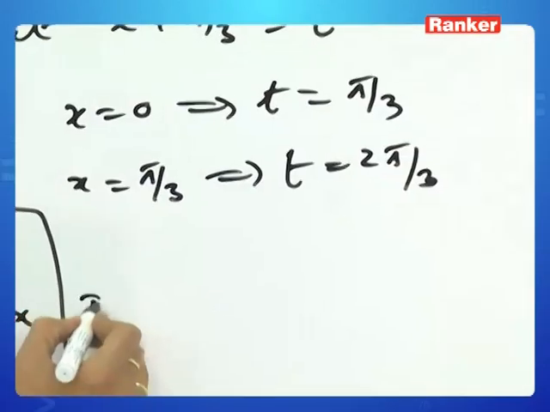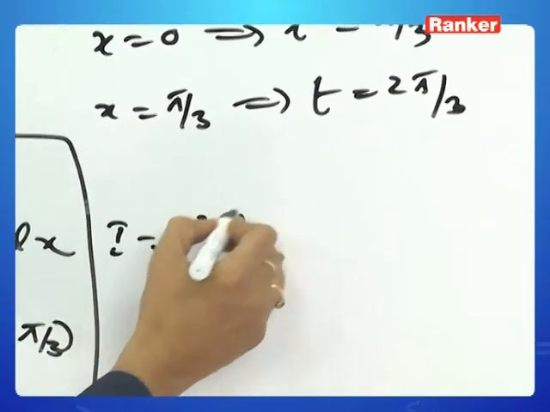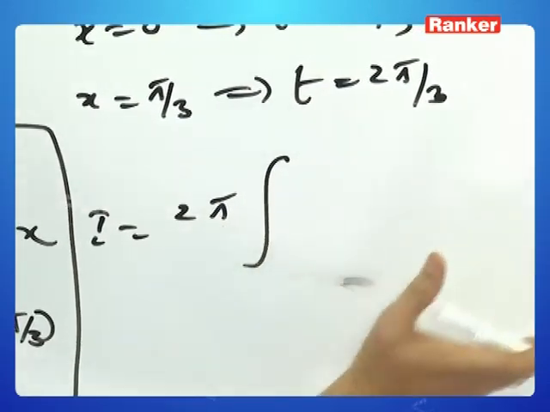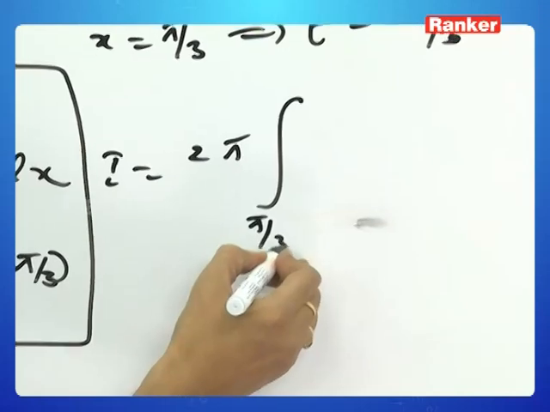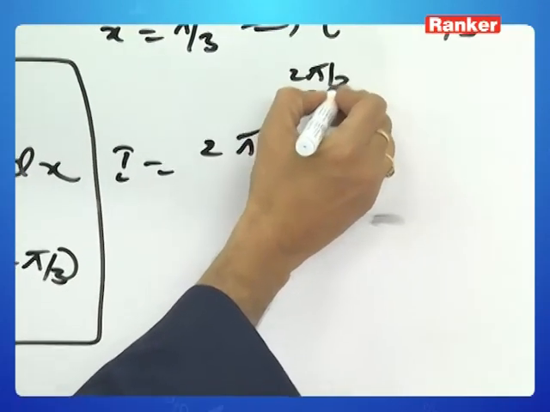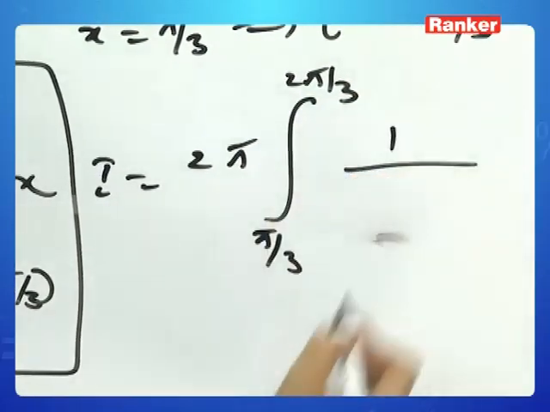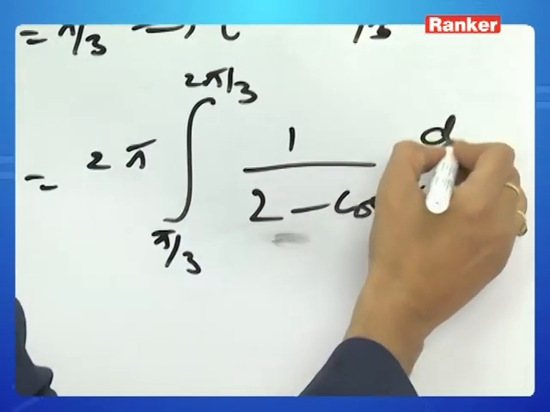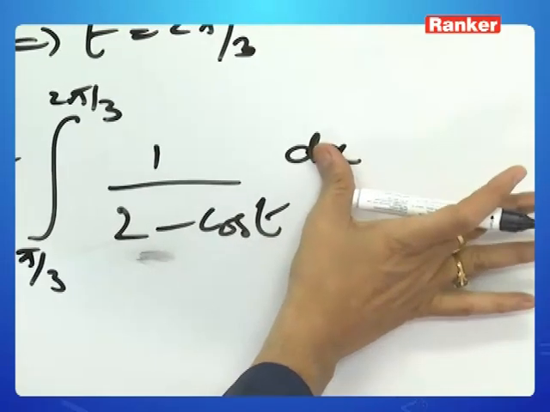Therefore, I is equal to 2 pi into integral pi by 3 to 2 pi by 3, 1 by (2 minus cos t) dt. I'm sorry.